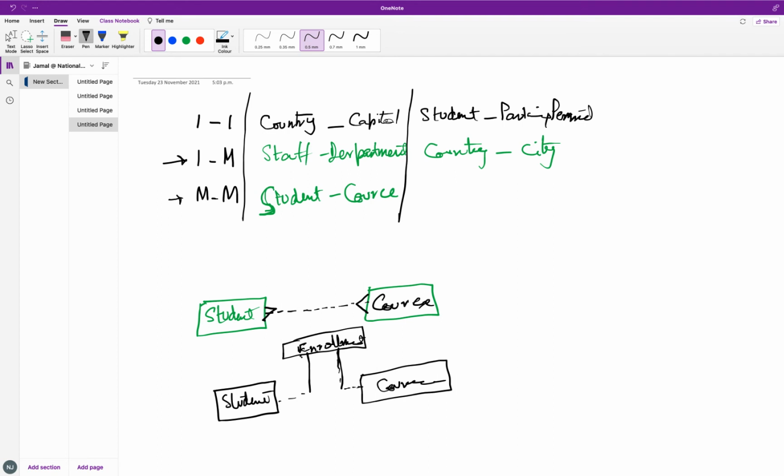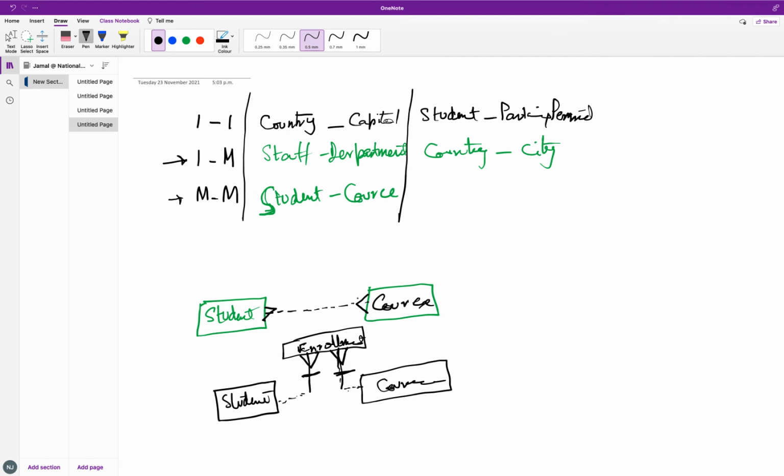It would always be one to many, and this would be a barred relationship. For the third entity, the relationship would always be must on the enrollment side, but this side would be the same as this side. If this is optional, this would be optional. If this is mandatory, must, this would be must, okay?